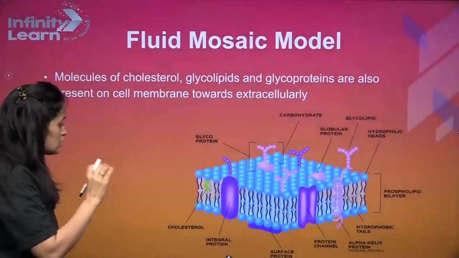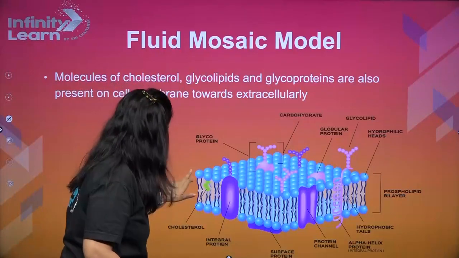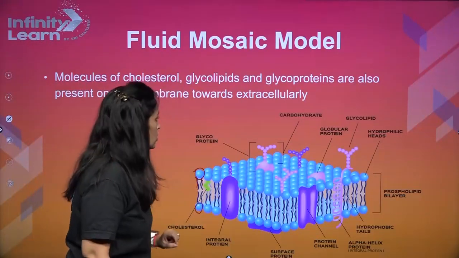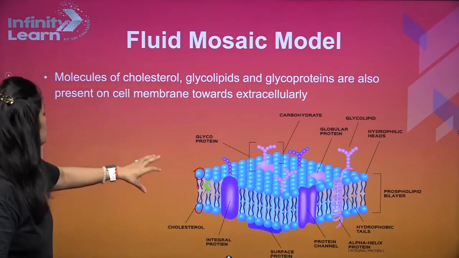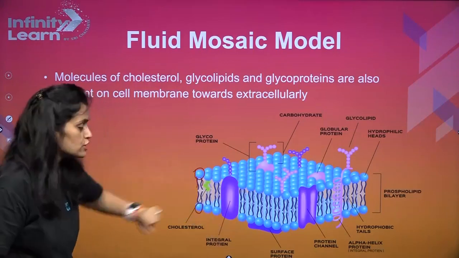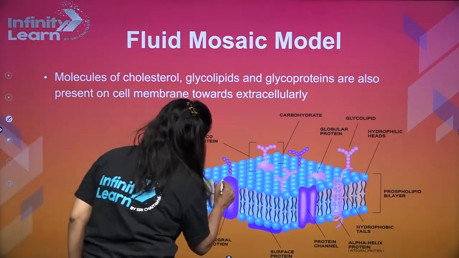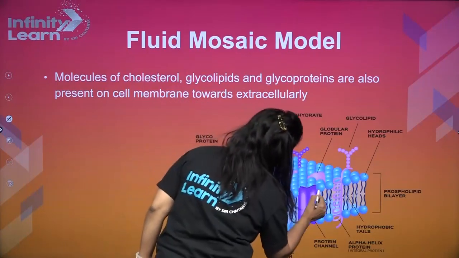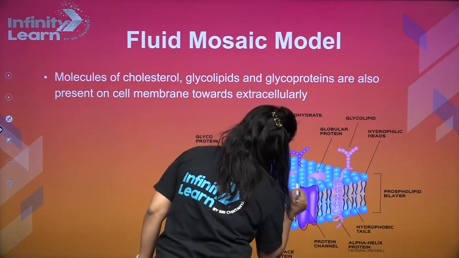Now we understood that these are the phospholipid bilayers. Here you can see them very easily as well. Now in this phospholipid bilayer, you can see certain kinds of proteins being inserted. These purple color molecules that you see over here are proteins.